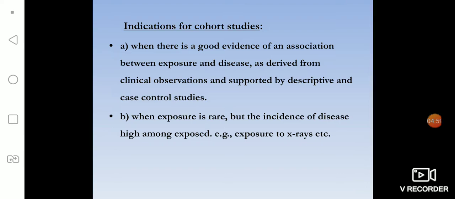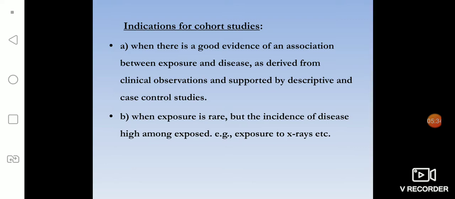As I told you in the beginning, when you say sugar consumption is related to dental caries, before we take up a cohort study, this hypothesis should have been framed after examination in a descriptive epidemiological study, and the existence of this association should have been shown by a case control study. Once these two have been done, then only should this go to the cohort study level.